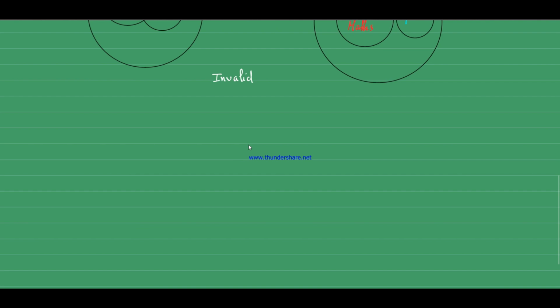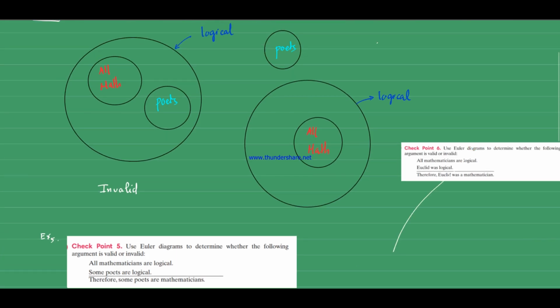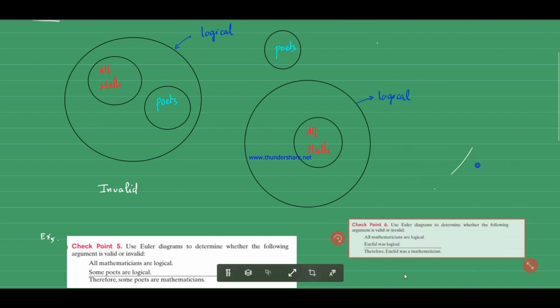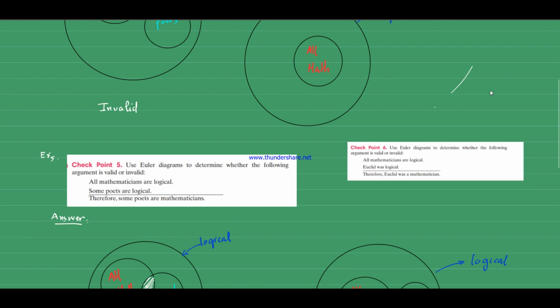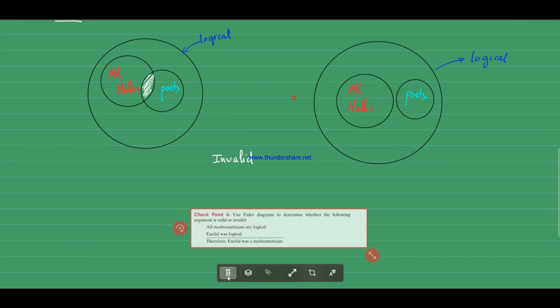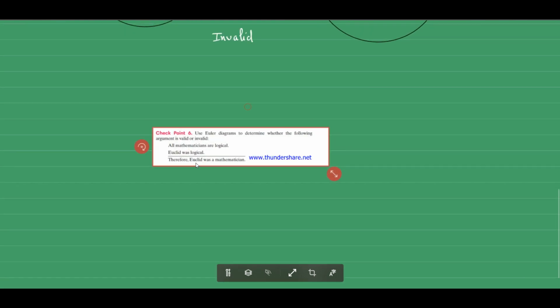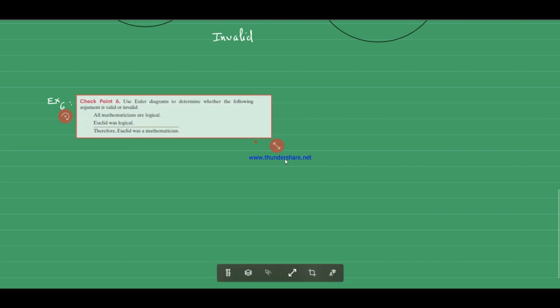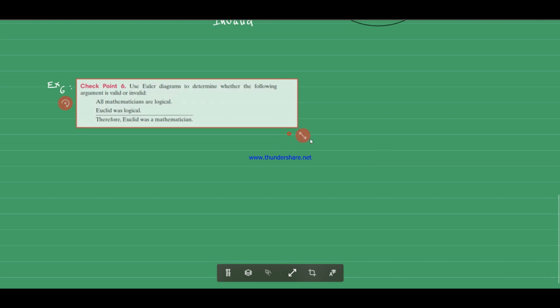Now let's do the last example right here. Let me erase this. Example number 6. All mathematicians are logical. Kind of the same thing.